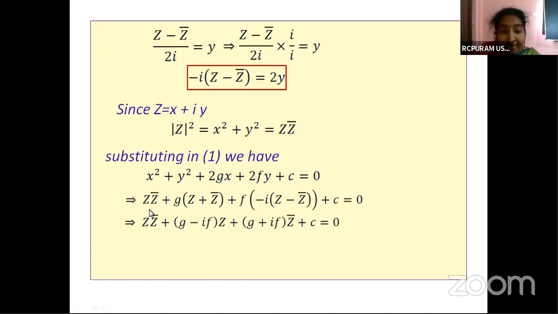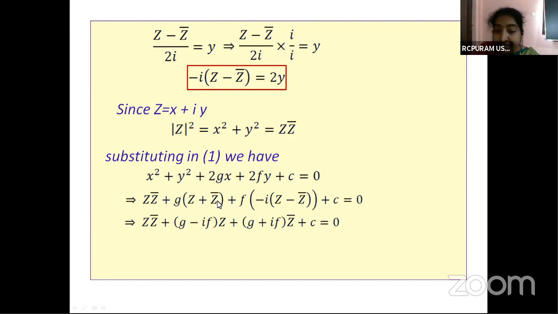When you expand this, z z bar remains as it is. See, you have g into z, you have minus i f into z. So we are separating z terms. So when I take z as common, from here you are getting g, from this you are getting minus i f.